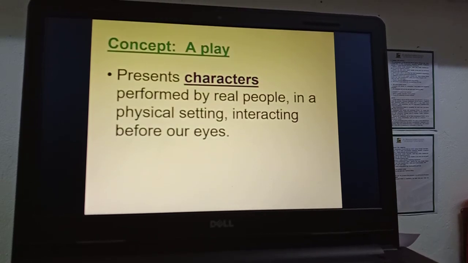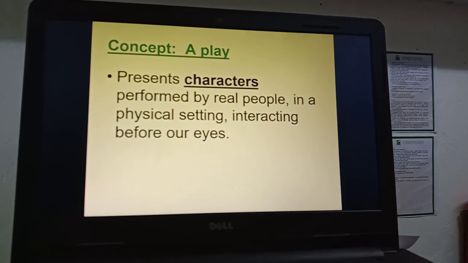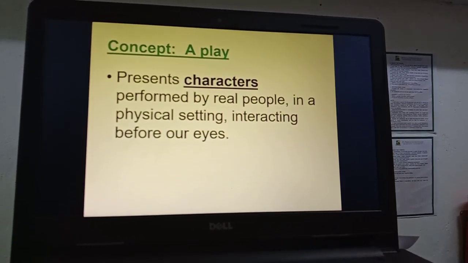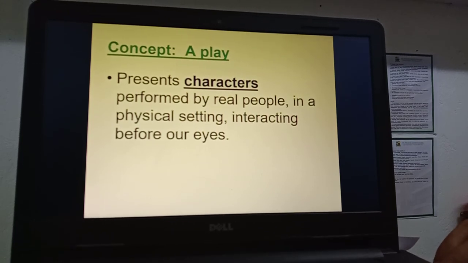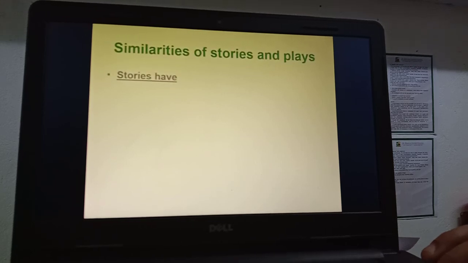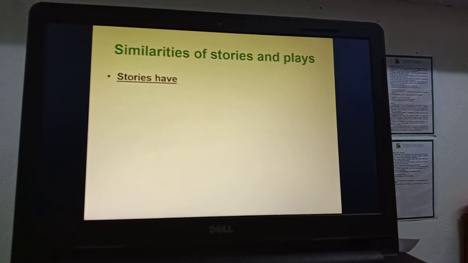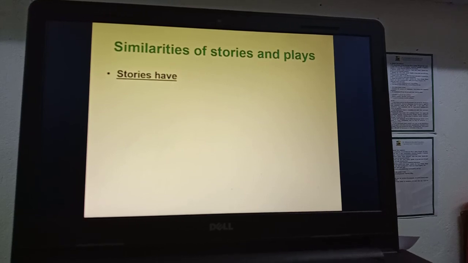A play presents characters performed by real people in a physical setting interacting before our eyes. Kung kaya nga live on stage, so live audience and live performers ang ating makikita. Ano ba ang kaibahan o pagkakatulad ng istorya at ang dula?